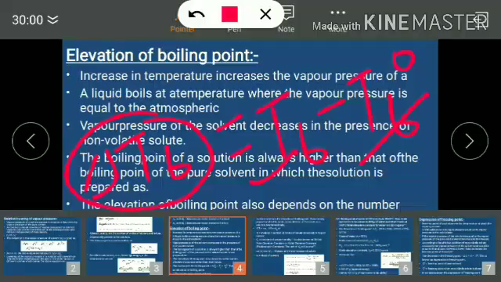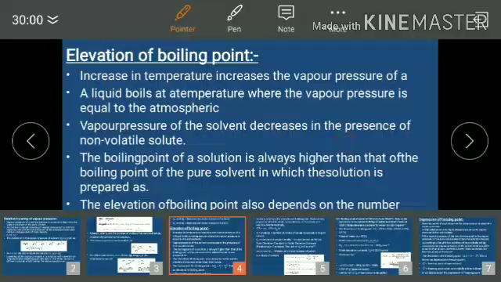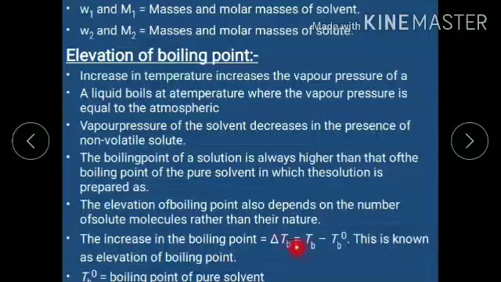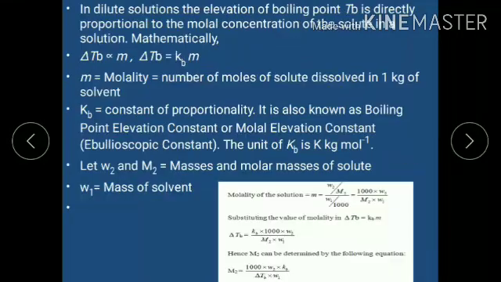We can say the boiling point of the solution is always greater than the boiling point of the solvent. That's why I put Tb − Tb⁰.